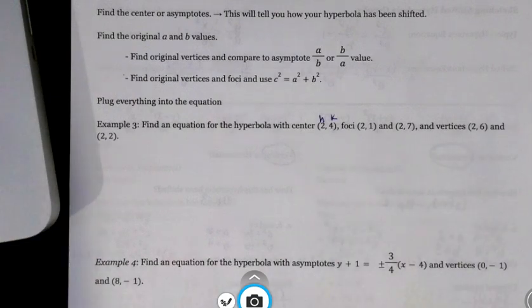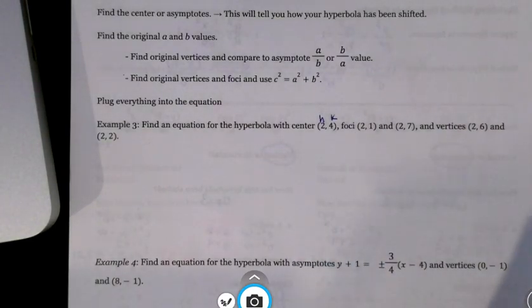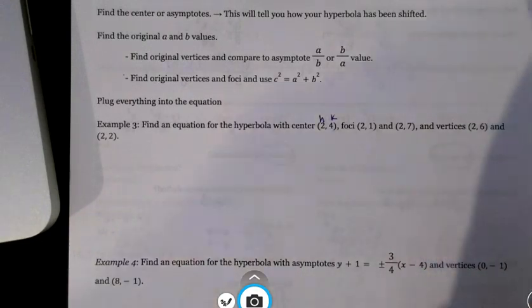And then since I'm given my foci and my vertices, I can use those to work backwards to find my original foci, which will give me my C, and my original vertices, which will give me my A. So to work backwards, what I want to do is take each point and subtract the center from it.